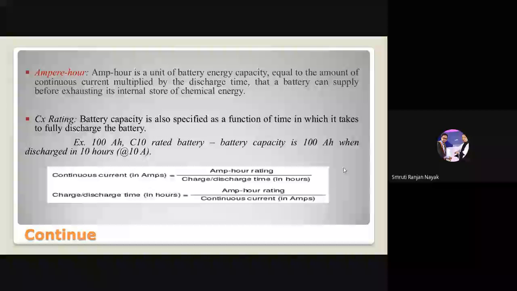Then charge or discharging time in hours is ampere hour rating with respect to continuous current in ampere. Why is it continuous current? Because the current will not discharge from the battery from time to time with lags. It will continuously discharge with respect to time.